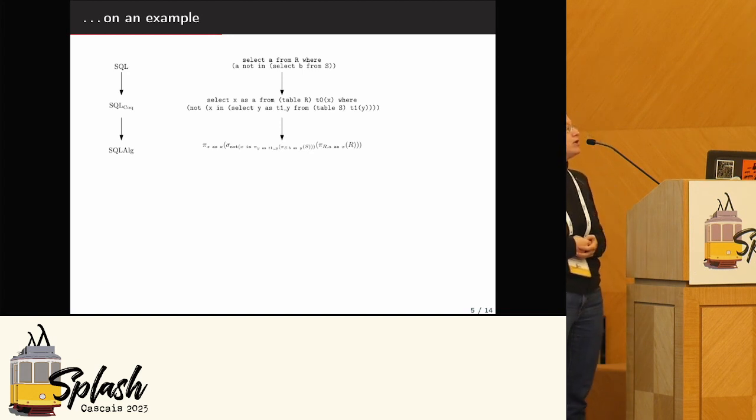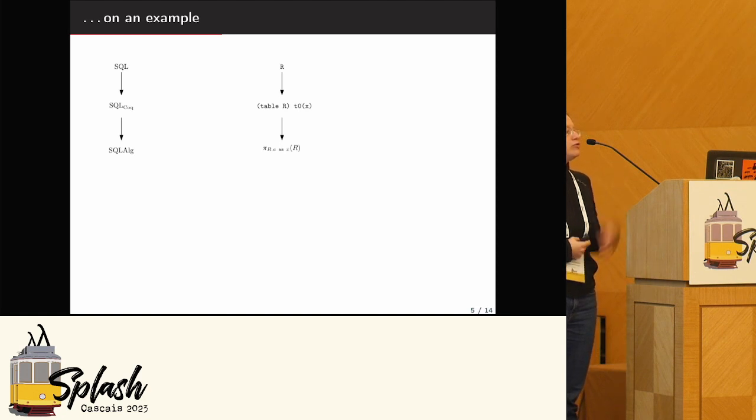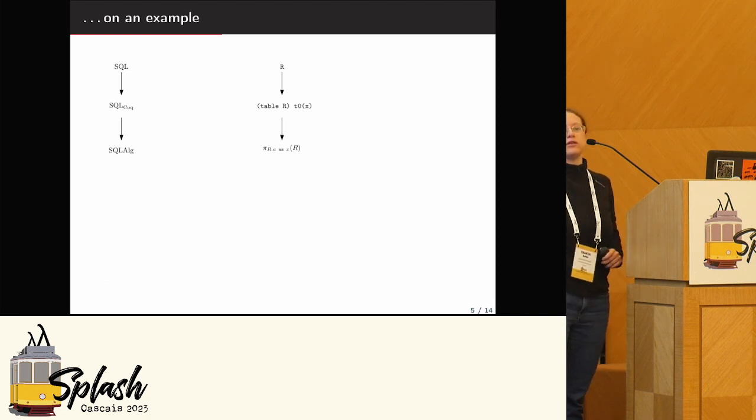So why do I call it SQL Alg and not simply algebra? It's because it's actually an extension of the relational algebra in order to encompass SQL specific aspects like aggregates or null values. Then I'm going to simplify the examples and take only a very small part of it because otherwise it's going to be very huge on the slide. So I take only the internal projection.